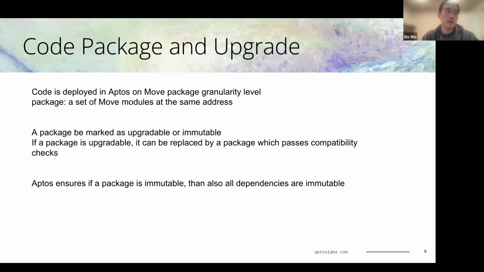Also, you can add a new field to an existing data struct. When you publish a package as immutable, Aptos will also ensure that all the dependencies are immutable. This guarantees that the immutable package's behavior will be consistent over time.